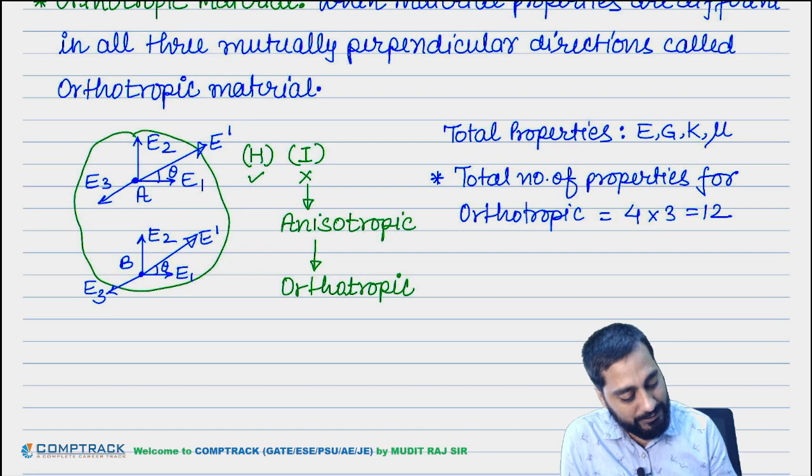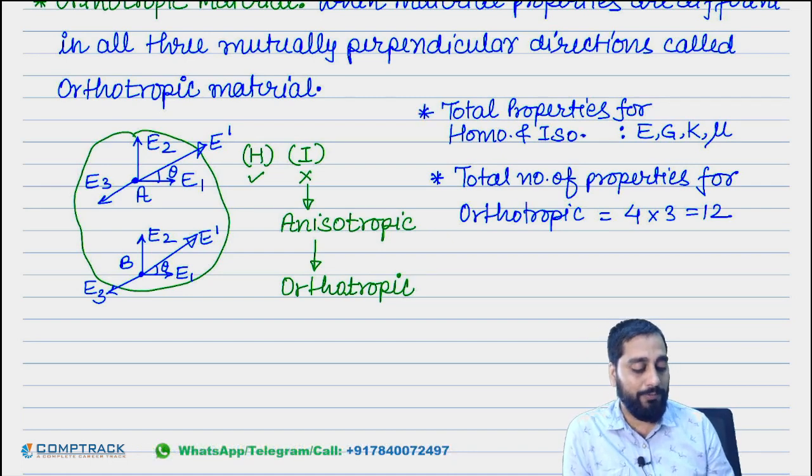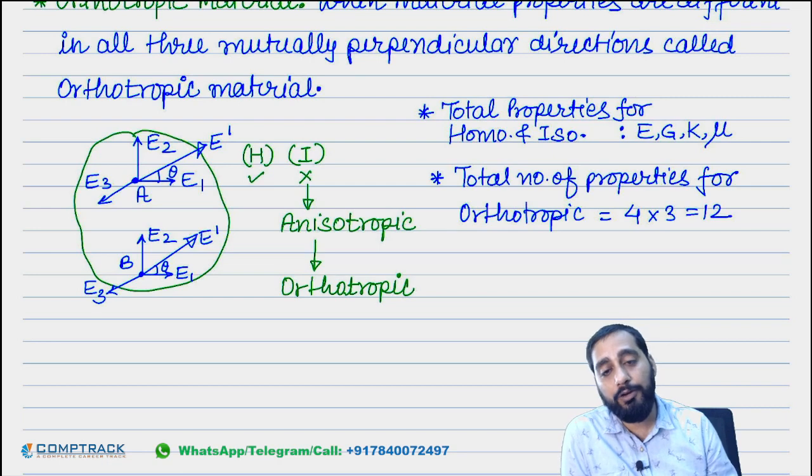And for homogeneous and isotropic? For homogeneous and isotropic, property will be only 4. But for orthotropic, they will be 12.